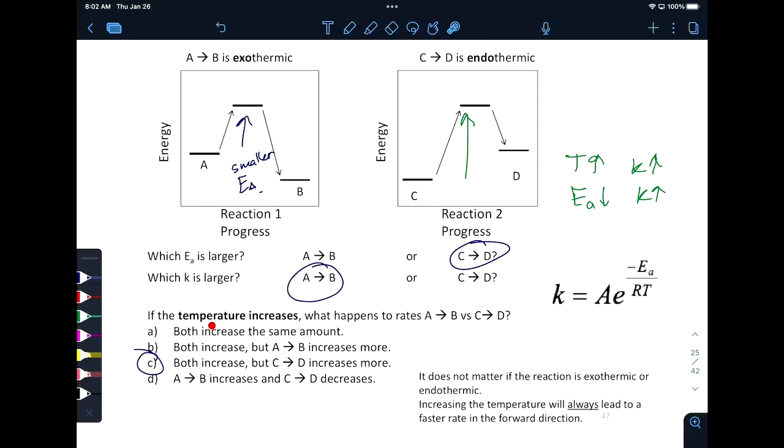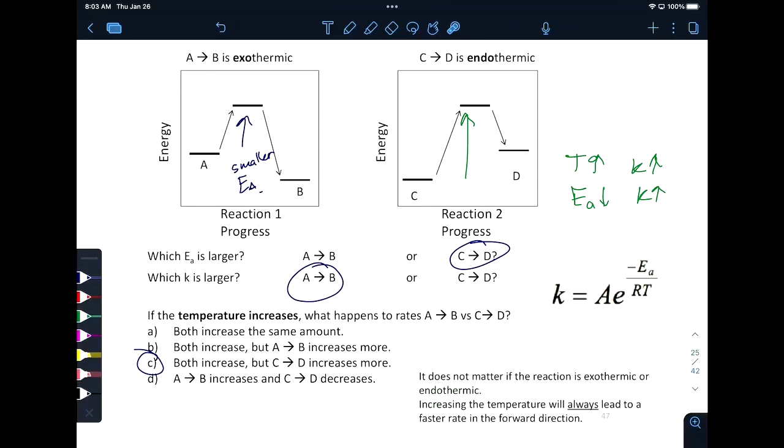But a more important subtlety is, okay, what if we take these reactions and change the temperature? Like I said, as temperature increases, k will always increase. But these two reactions will respond differently. When we look at this example using the integrated Arrhenius equation, we see that both reactions, if we heat them up, will increase their rate constants. They'll get faster.